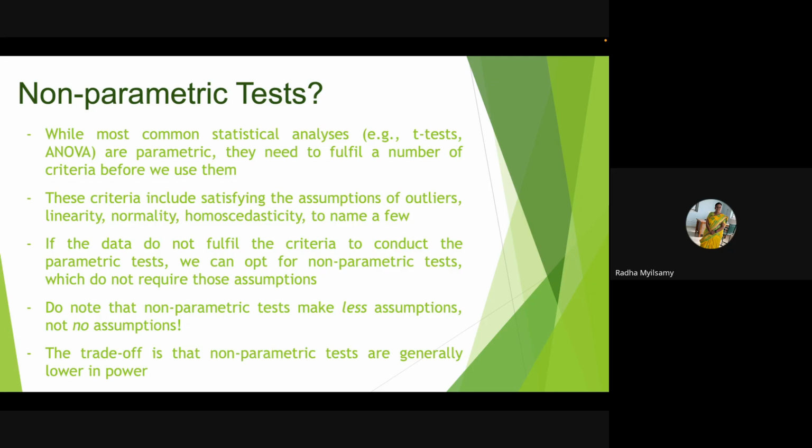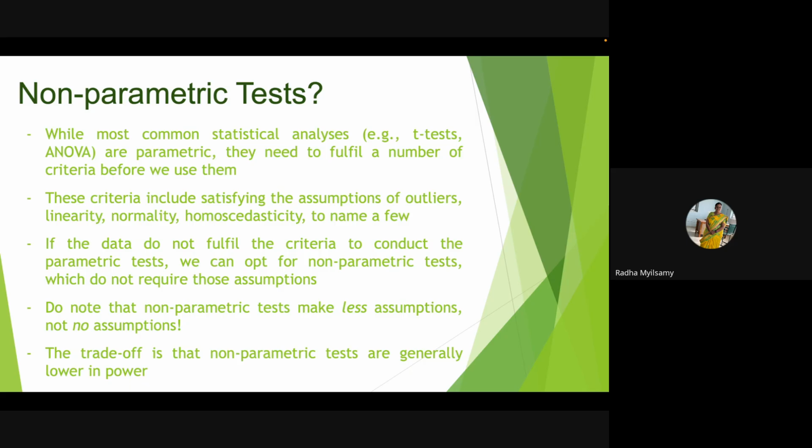If the data do not fulfill the criteria for a parametric test, we can opt for a non-parametric test, which does not require those assumptions. Non-parametric tests have minimal or no assumptions, so they are easily used.